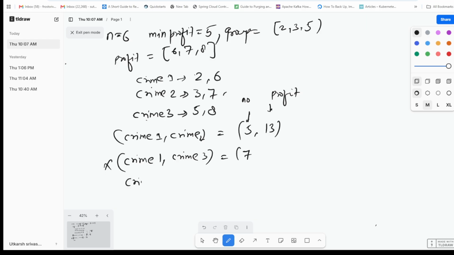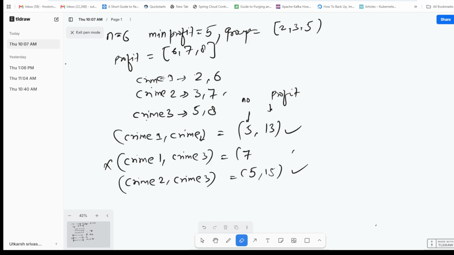Another combination we can try is crime 2 and crime 3. Here the members needed is 5, so we can perform it and our profit will be something like 15. So this is also possible. Now let's go back to our original question. They have given 10 here.